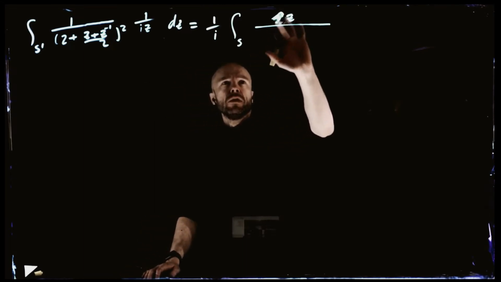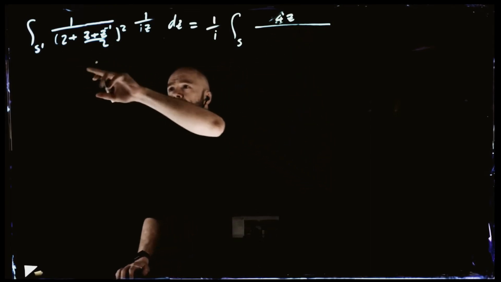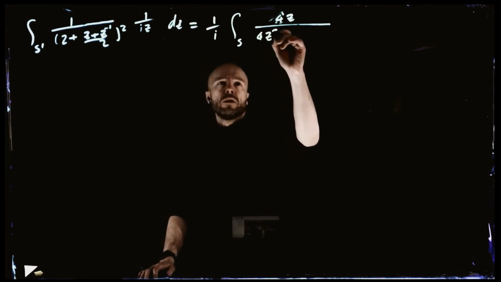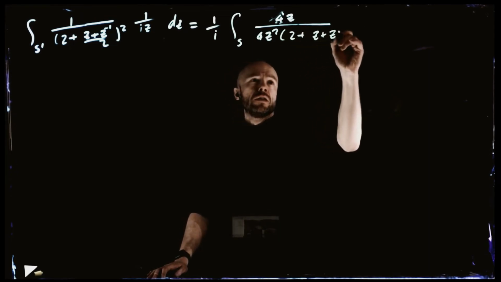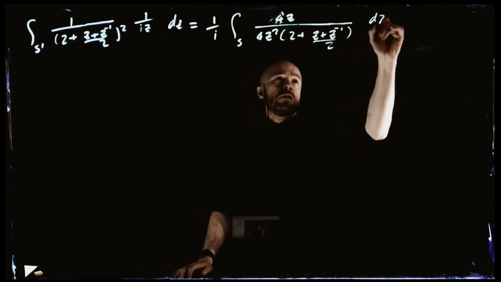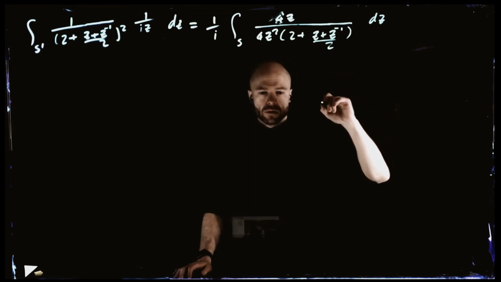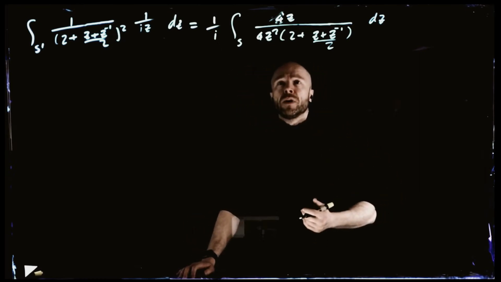So let's put a 4 here. And then I'm going to have a 4z squared outside. Oh, let me do it in stages. And then I'm going to have (2z plus z squared plus 1) over 2, dz, like this. Everybody happy? Okay? Yeah?